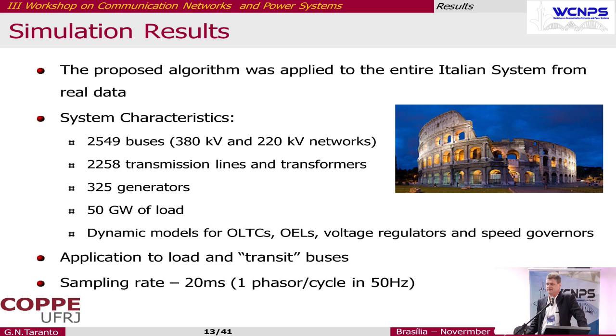All dynamics are incorporated in the simulation environment, OLTCs, OELs. And so we created a problem in the Milano area. Also, we studied Florence. I have time only to show some results for the Milano area. We increase the load, right? And see, to test the algorithm.